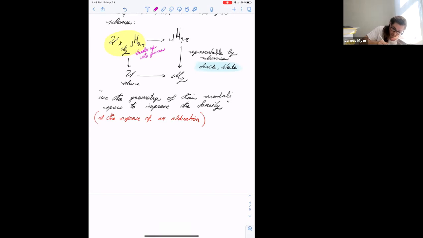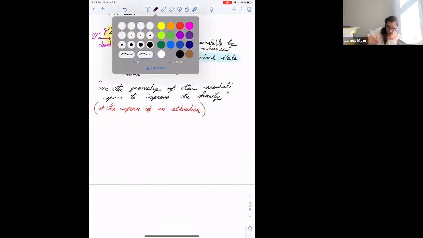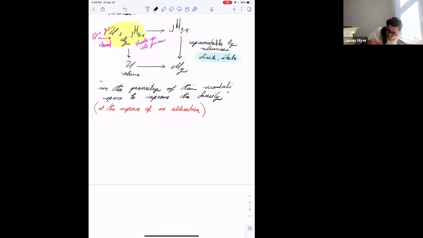Pick one of them, let's say U prime, and that maps in by some closed immersion. It's a closed set, and you can call that map G. So some inclusion, and then we have this inclusion by G into this fiber product.